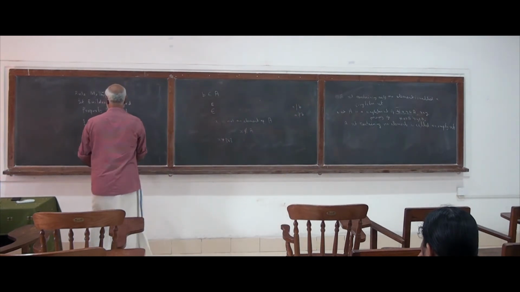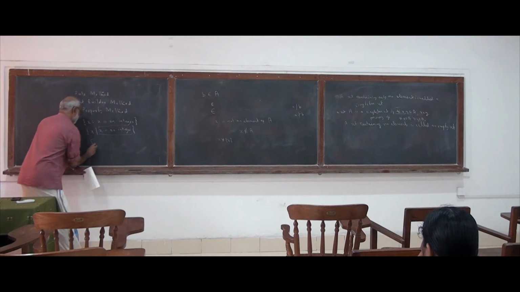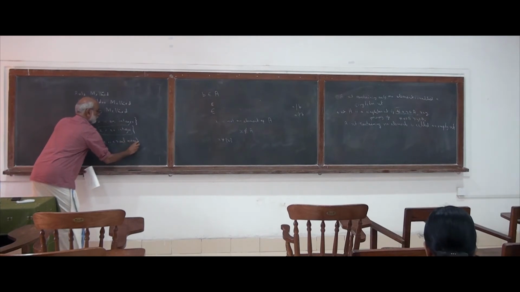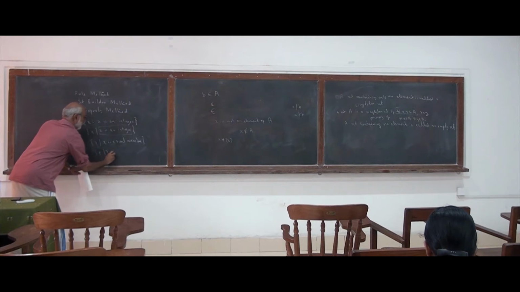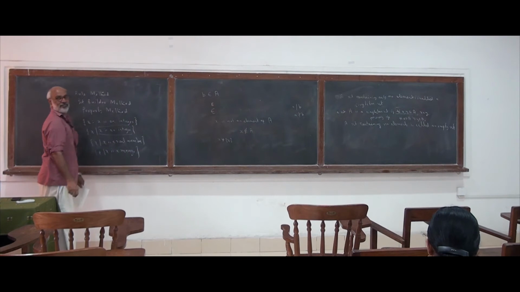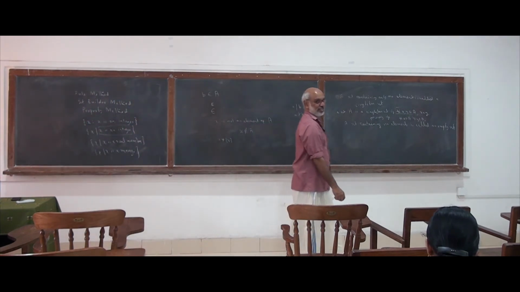So here, instead of this x is an integer, we can substitute any statement. For example, I can write the set of all x such that x is a real number, or the set of all x such that x is a mango. All these things are possible.